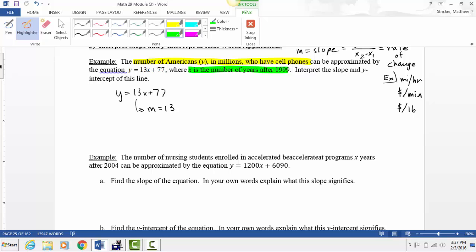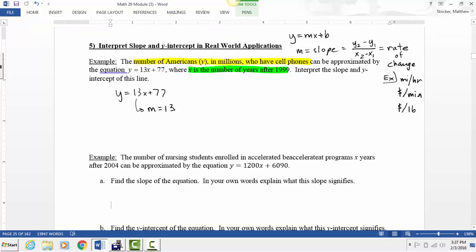So what we want to remember is that this slope, this 13, is a change in y over a change in x. So the units are y over x, which in this case is millions of Americans with cell phones over x, the number of years after 99.